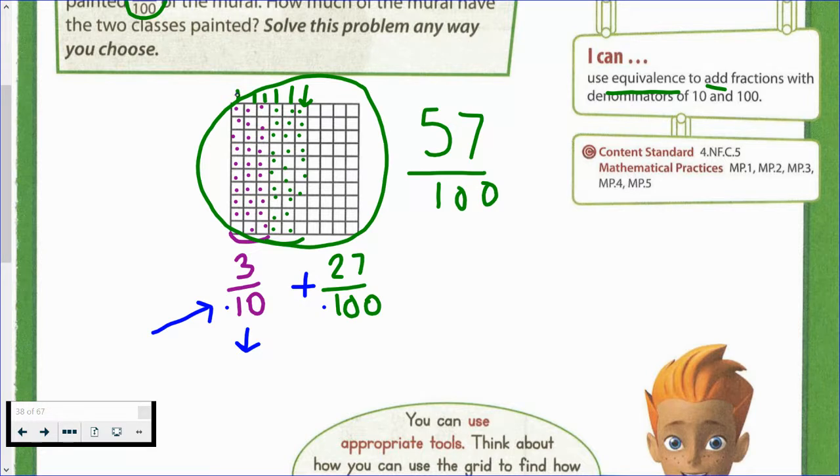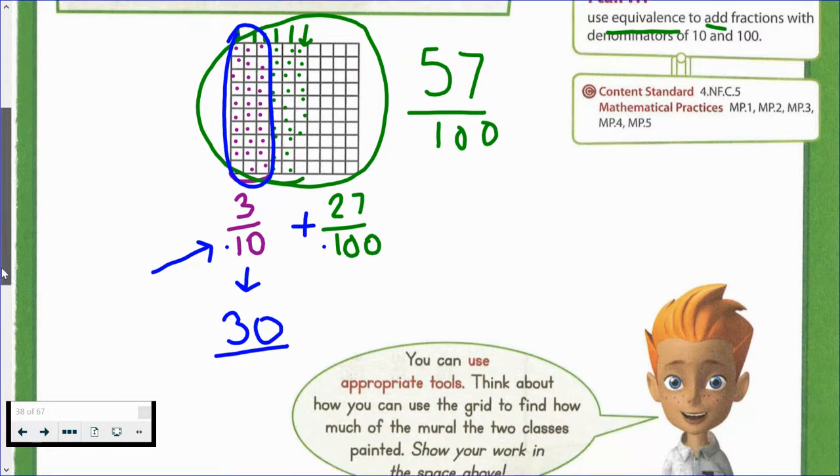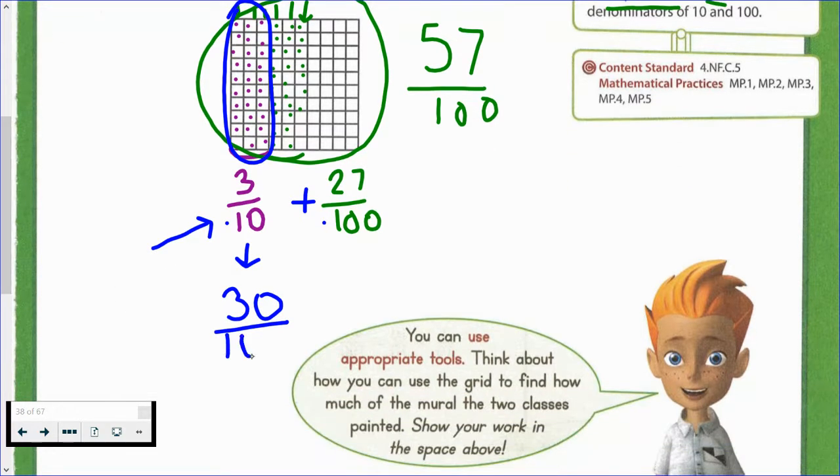So notice, if we focus here on this purple section, yes, that is 3 full tenths, but we also know that that is the same thing as 30 out of 100, or 30 hundredths. 10 in the first column, 20, and then 30. So all we really have to do is think about equivalent fractions. So 3/10 and 30 hundredths are the same thing. So we just used equivalent fractions here to turn 3/10 into 30 hundredths.